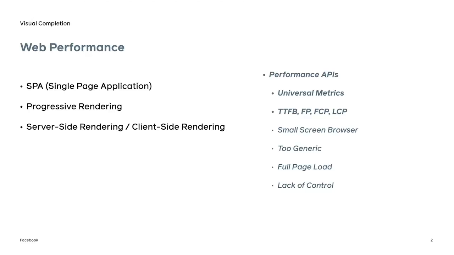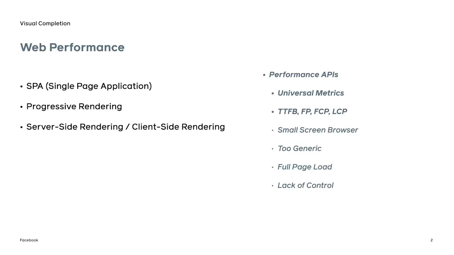Some modern browsers already provide high-level performance APIs for universal metrics, such as time to first byte, first paint, first contentful paint, and largest contentful paint. So you can simply utilize them on your website.